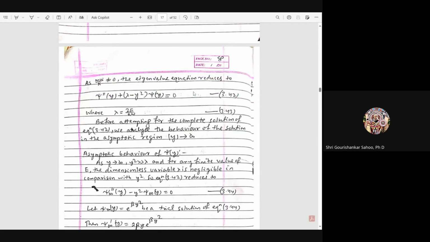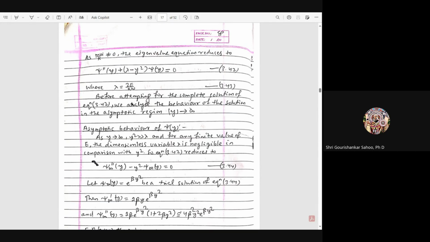Now m is positive, ω is non-zero, and ħ is also positive, so mω/ħ is not equal to 0. So the eigenvalue equation reduces to ψ'' plus (λ − y²) ψ is equal to 0, where λ is equal to 2E/ħω.